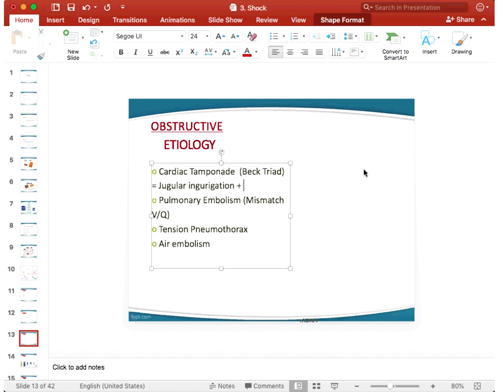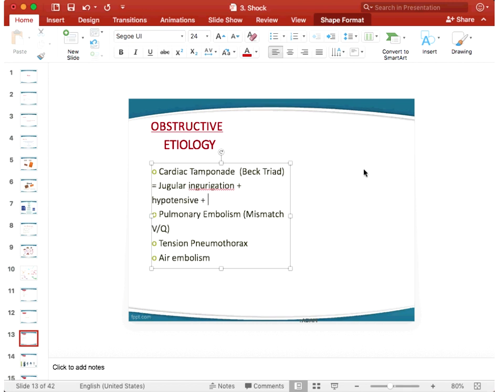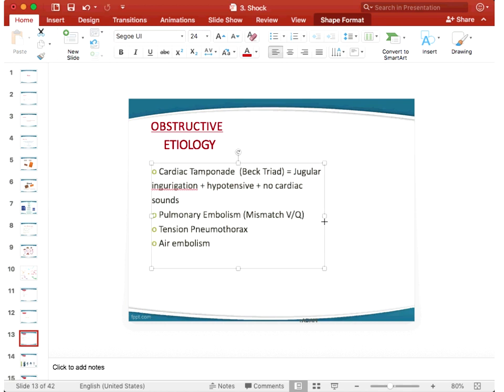And the patient is hypotensive, and the other one is that there are no cardiac sounds. You don't hear anything with your stethoscope. You can't hear anything.